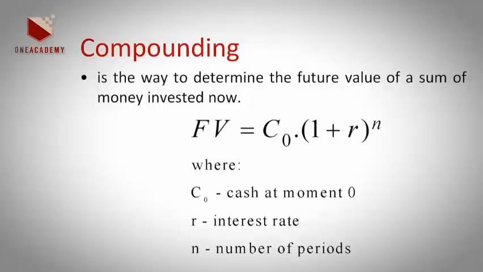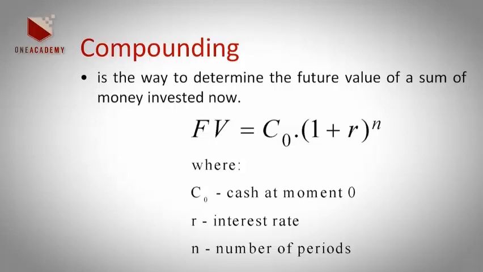It is the value of cash flow after several periods of compounding. So let me explain the formula. First of all, FV obviously corresponds to future value. FV equals C0.